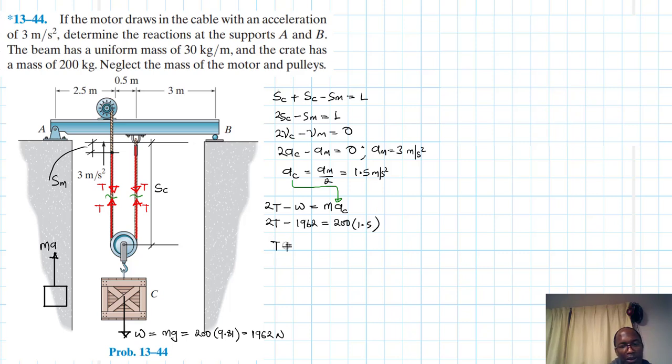Therefore, our T is just going to be equal to 200 times 1.5 plus 1962, divided by 2. So we have 1131 newtons.